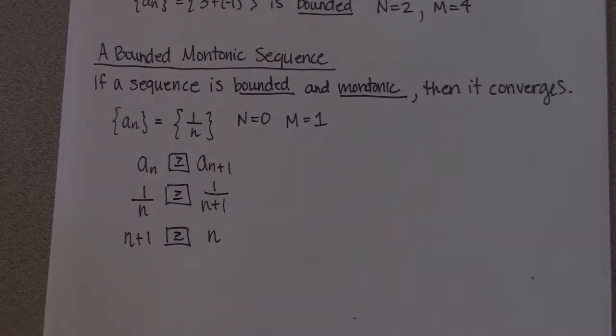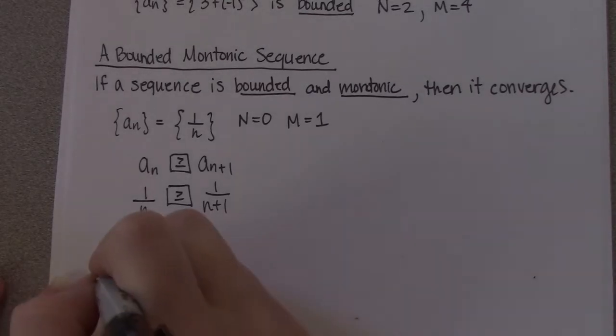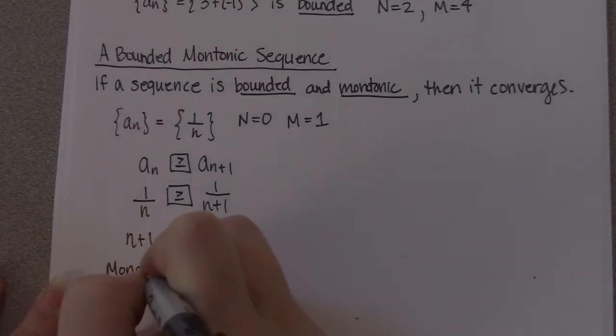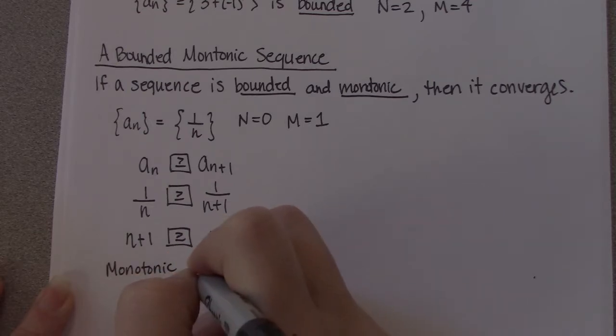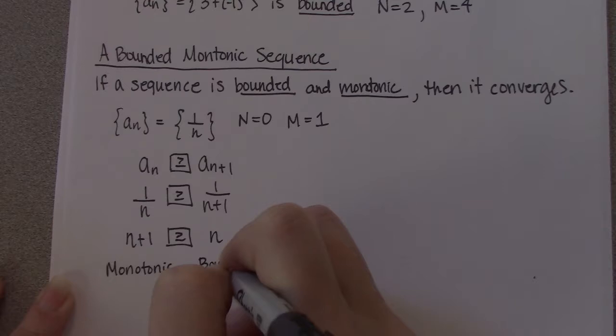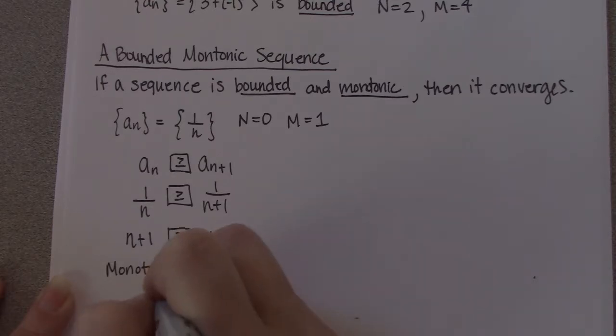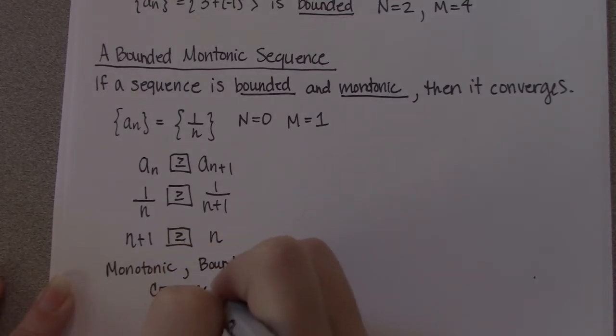So I kind of could see that already, that this is going to be monotonically decreasing, right? 1/2, 1/3, 1/4, 1/5. If you list out the terms of the sequence, they are getting smaller and smaller and smaller. So if it's monotonic and decreasing, and it's bounded, then it converges.